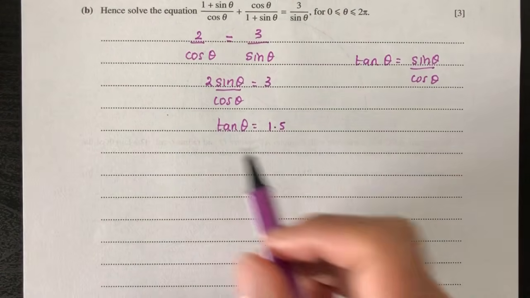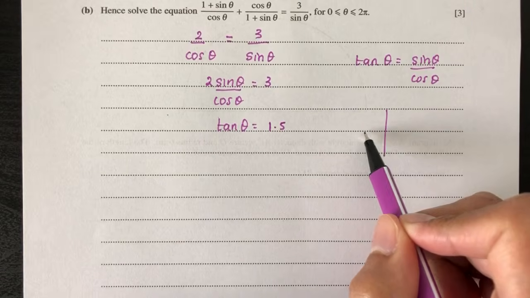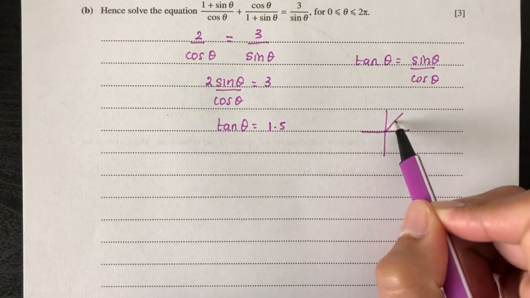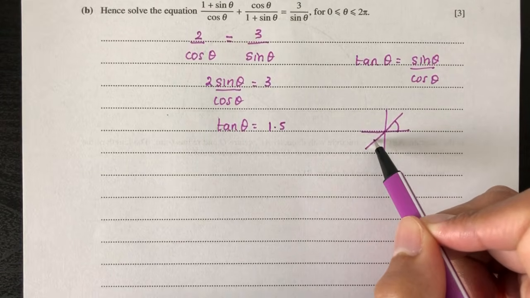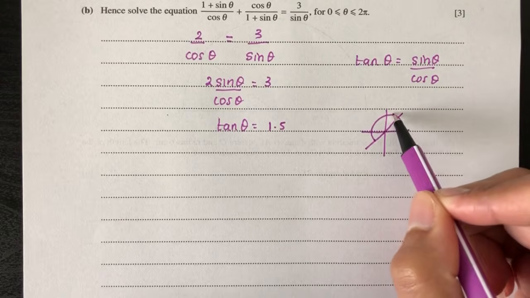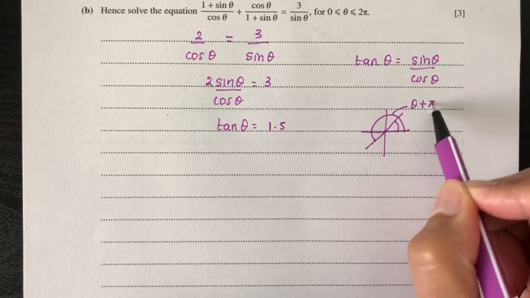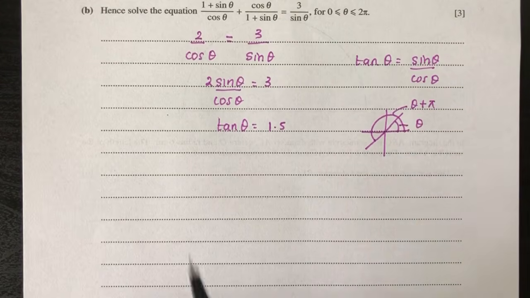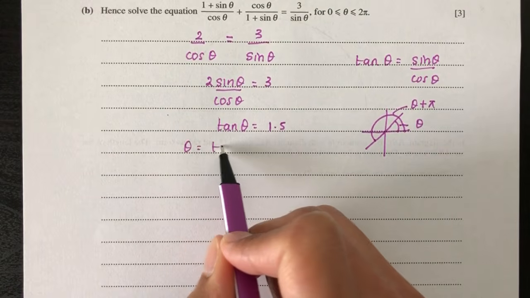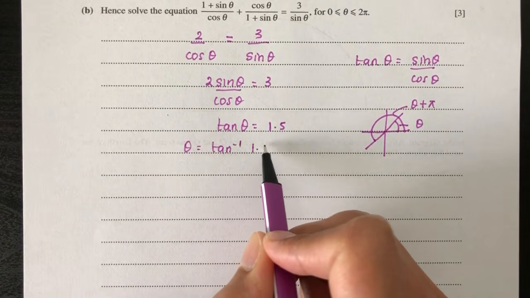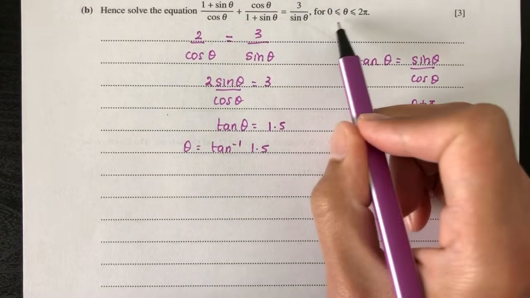Now for a positive value of tan, we will be in the first quadrant and in this quadrant, where it is theta plus pi, and this is just theta. So let's find the value of theta. That will become tan inverse of 1.5, and as you can see, this is in radians.